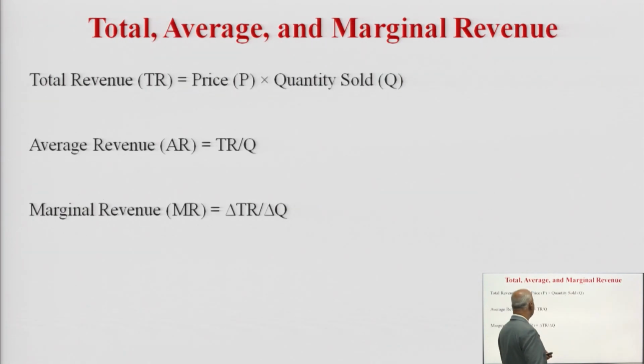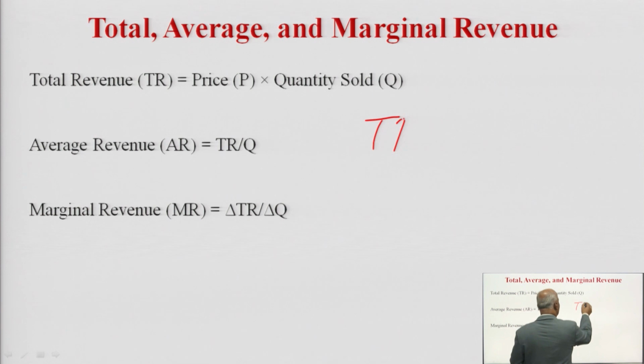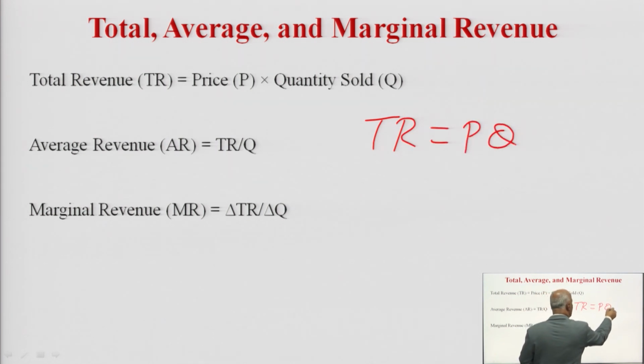Now, let us discuss the total revenue which you have already got. The total revenue is nothing but price multiplied by the quantity sold, or the quantity demanded. If I want to find the average revenue, please always remember that price is equal to the average revenue.